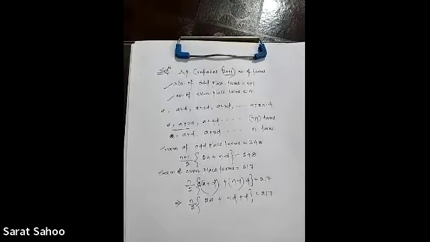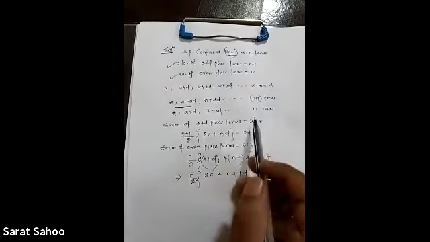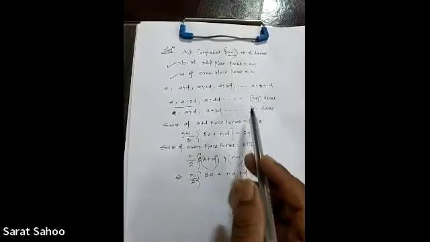And the difference between the first term and the last term: the last term exceeds the first term by 56. What is the last term? A plus 2nD.